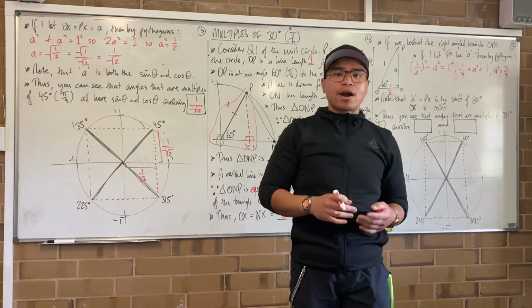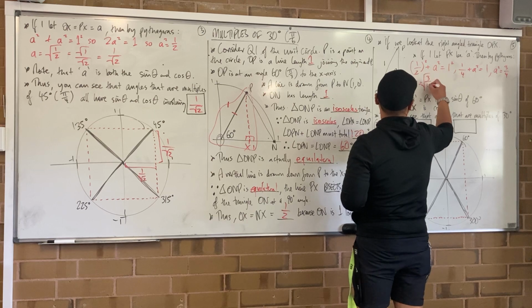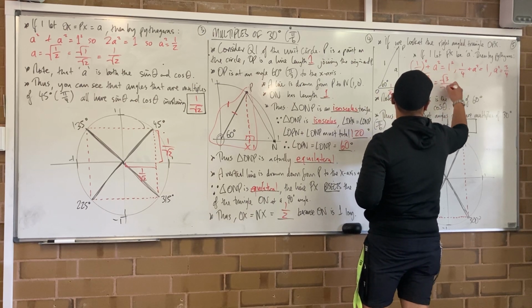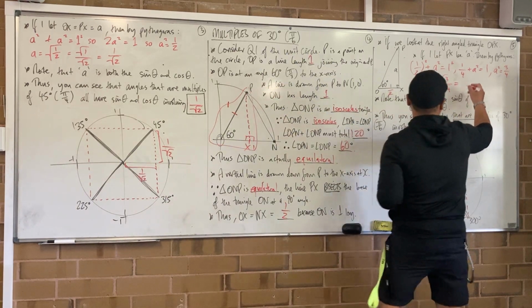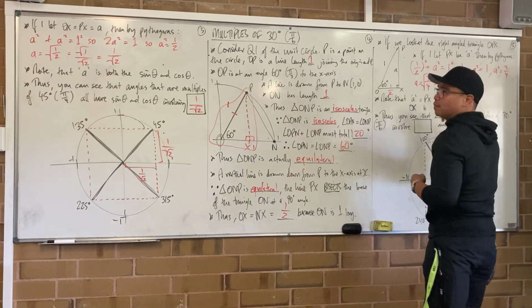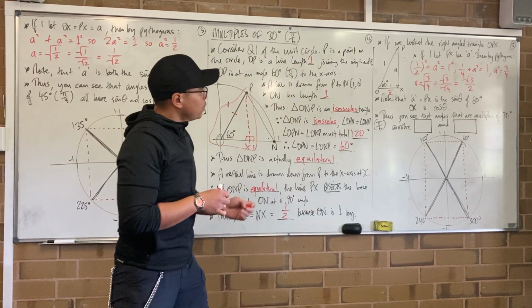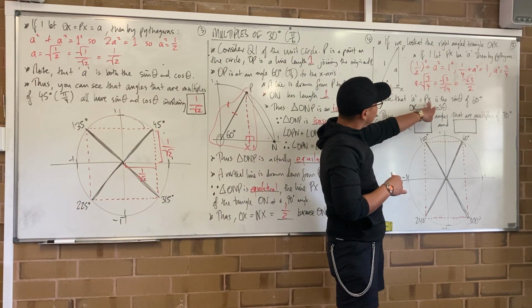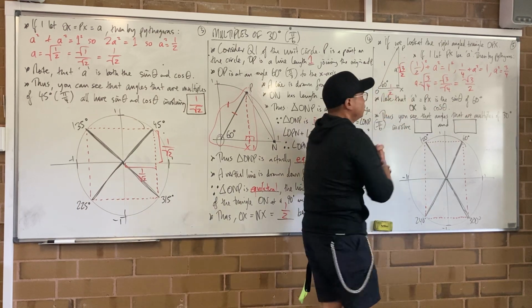What's the opposite of squaring something? Square root. So A is going to be root of 3/4, which is the same as root 3 on root 4, which is the same as, what is the square root of 4? 2. Can you see where that number suddenly popped out from that I asked you to envisage? Note that A is equal to PX is the sine of 60 degrees, so this is root 3 on 2.